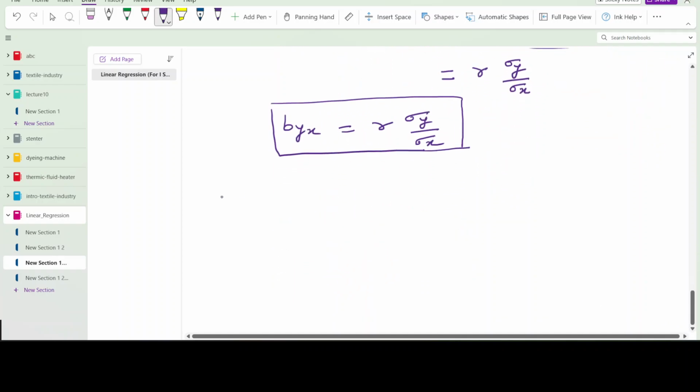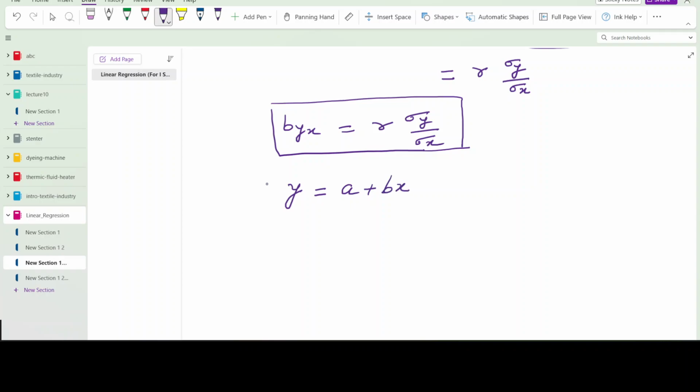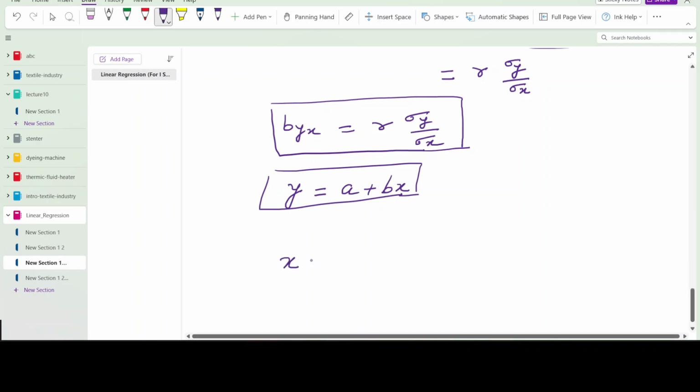Another term, till now we have regressed y on x. That is, our regression equation or best fit equation was y is equal to a plus bx. And when we regress x on y, just listen carefully.